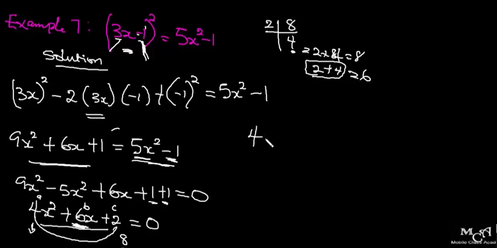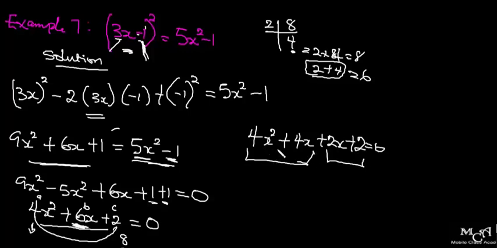From here we do 4x squared plus 4x plus 2x plus 2 equals 0. You know what we do? We group and we group. So 4x squared plus 4x, what do they have in common? 4x. So whatever they have in common, we put outside the bracket.